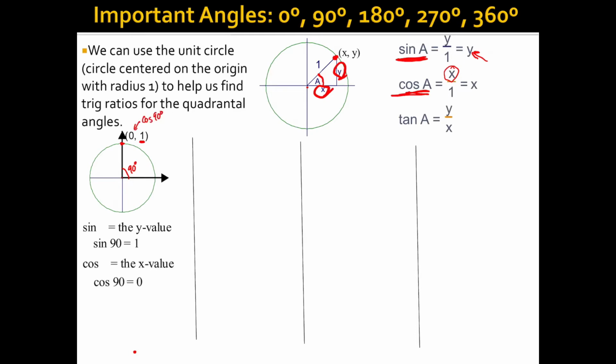Cosine of 90 is equal to the x value, so that's going to equal 0. And tangent of 90 is going to equal y over x, which you think 1 over 0, well, that's undefined. So tangent of 90 is undefined. So we'll be able to fill these out in our table once we get back to that.